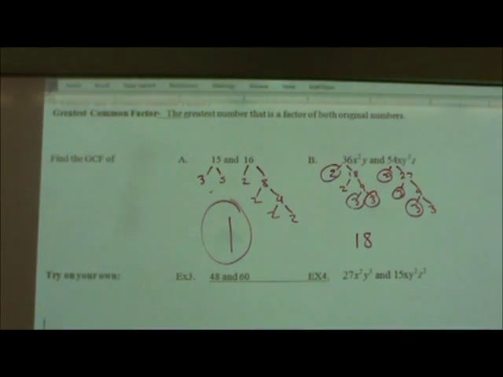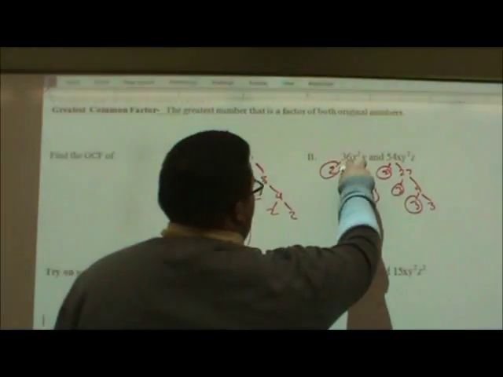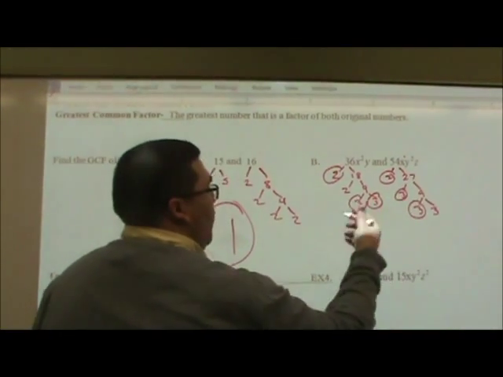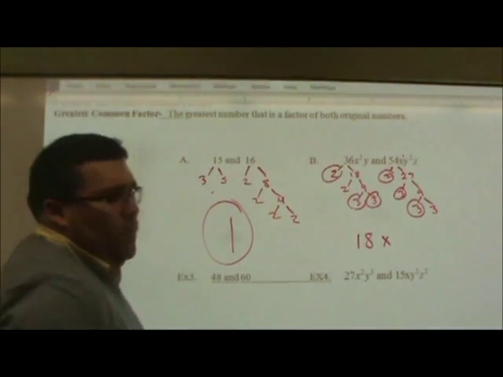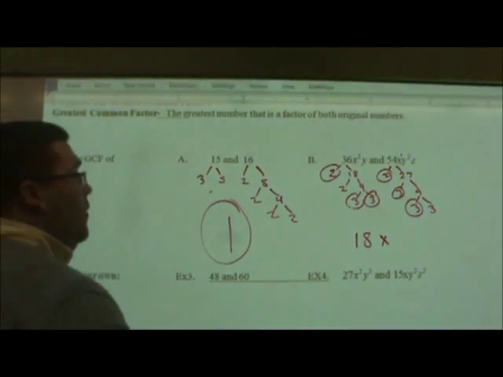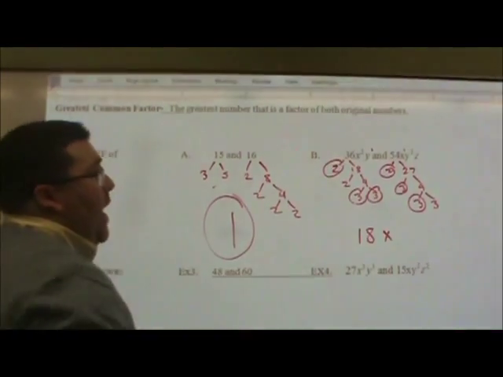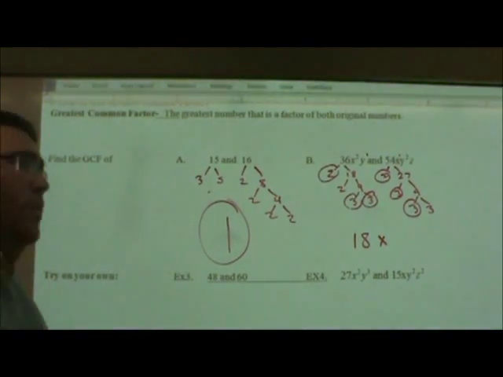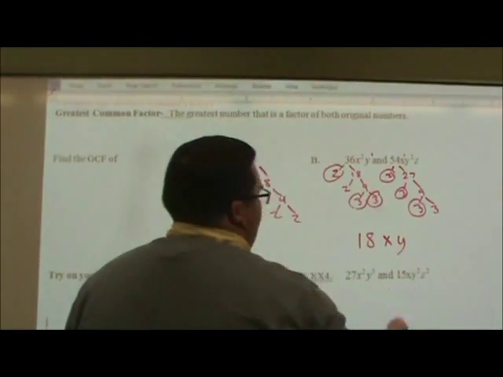They've got X and they've got Y. You want to take the lowest exponents on those variables. So we've got X squared and X to the first. The lower of the two would be X to the first. You have Y to the first and you have Y squared. You take the smaller of the two, Y.